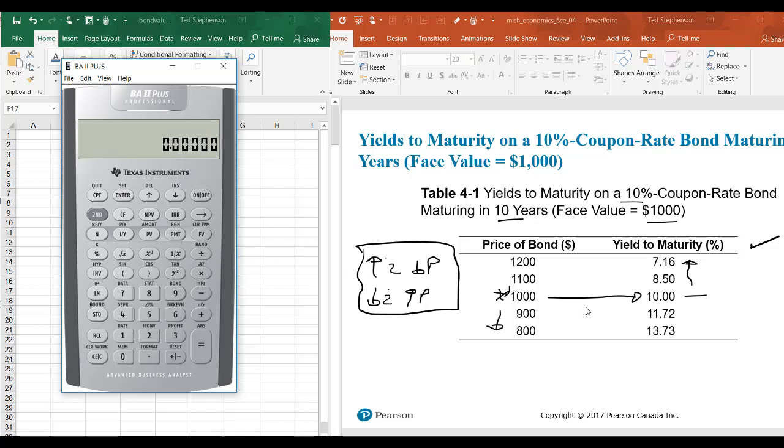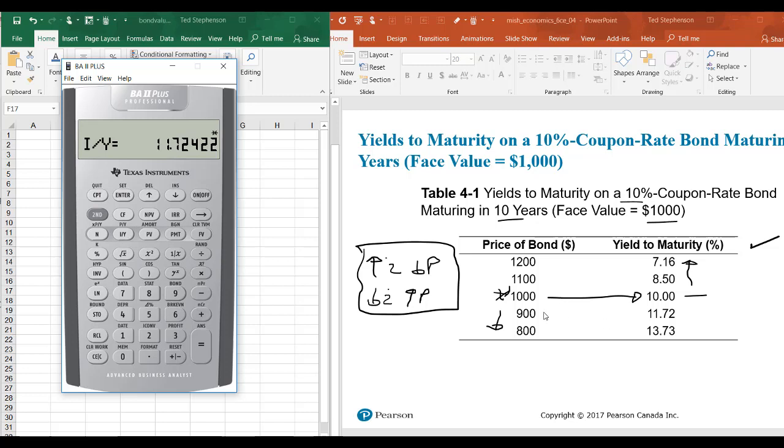Okay. Well, if we make it 1,000, just to show you, negative present value, and we compute the I/Y, we're going to be at our 10%. Because if the price of the bond equals the face value, then the yield to maturity equals the coupon rate. Okay, so just changing that to 900 as a negative present value price, and we compute the I/Y.